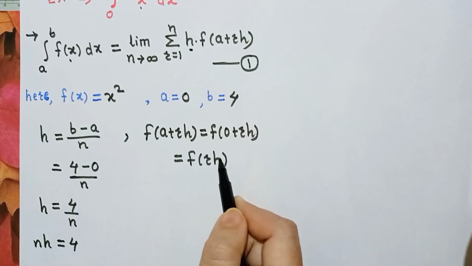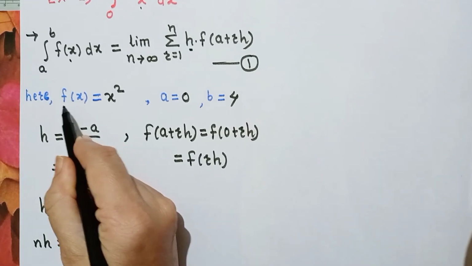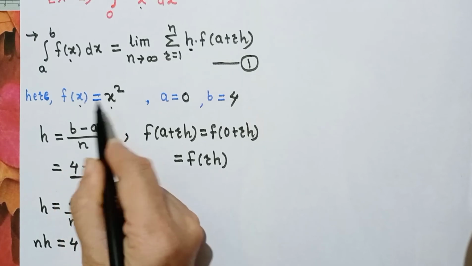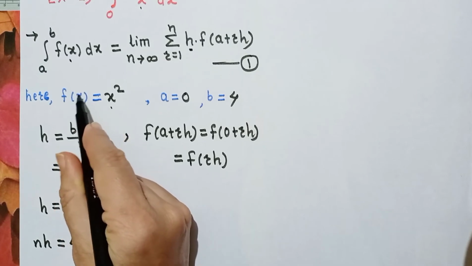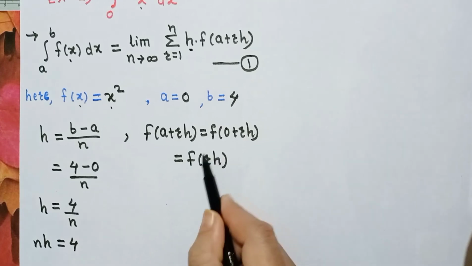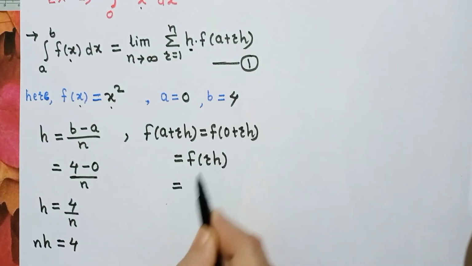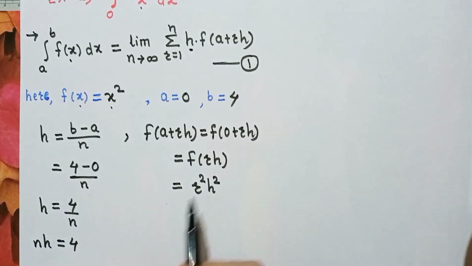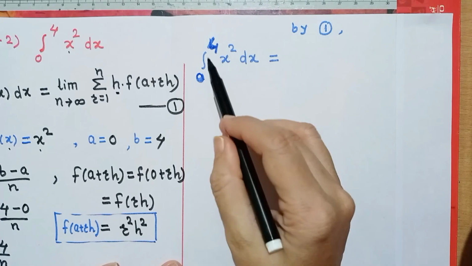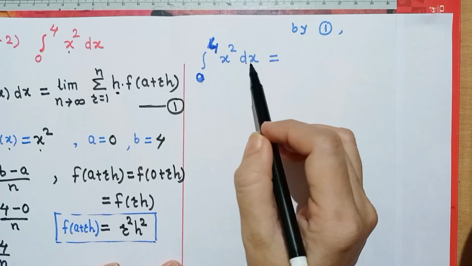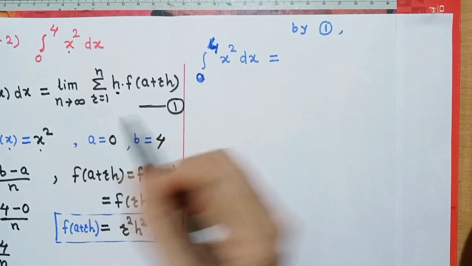Then how we will find out this value? Check, f of x equal to x square, that means we have to write square of this variable. Same here, we will write square of this, its square is r square h square. And now again by 1, integration 0 to 4 x square dx equal to, this is our formula.